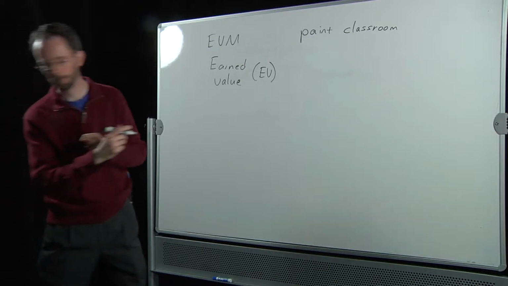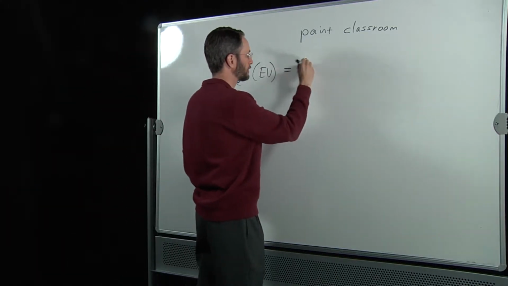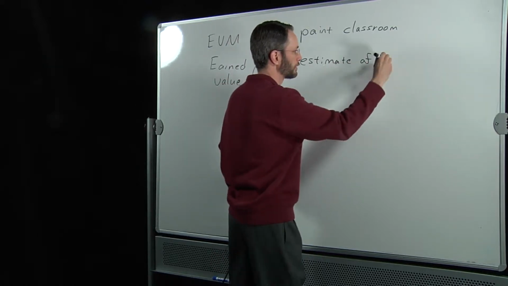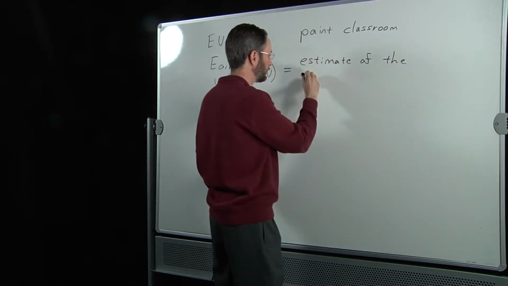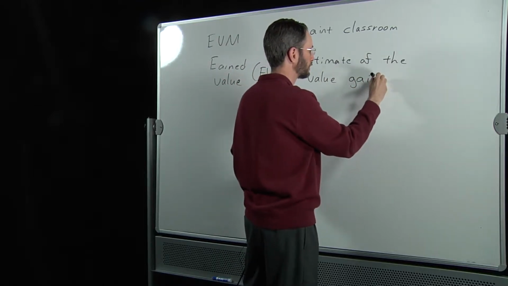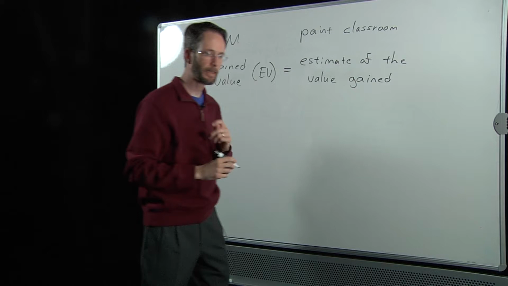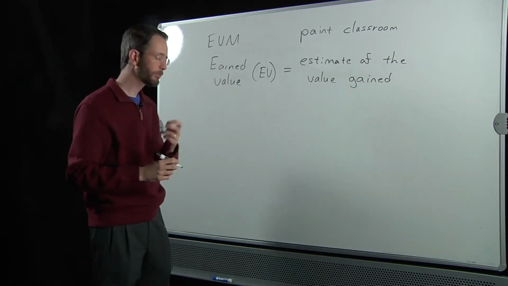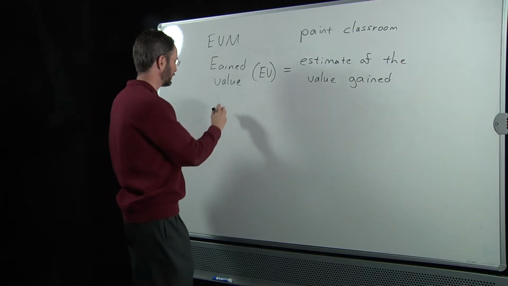So it's an estimate of the value gained for that activity or that work phase, basically. How do we get that number? It's actually another formula.